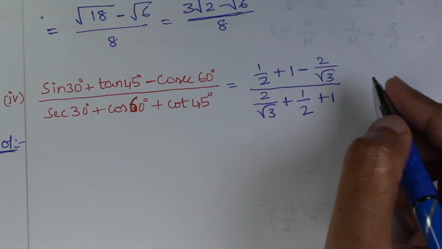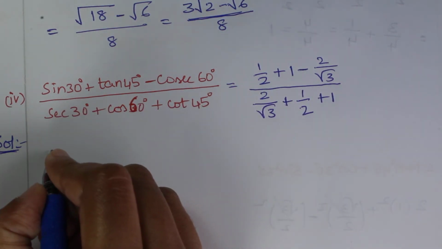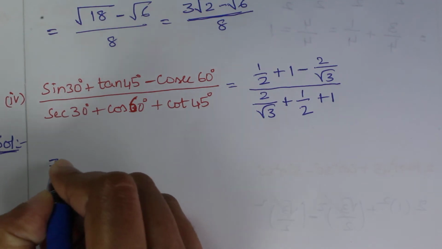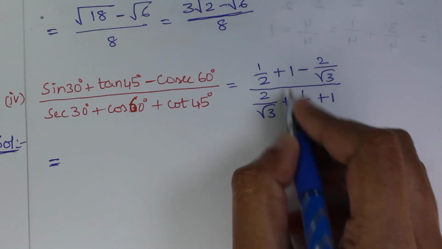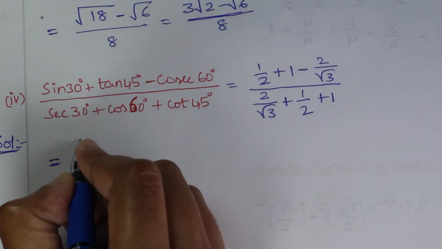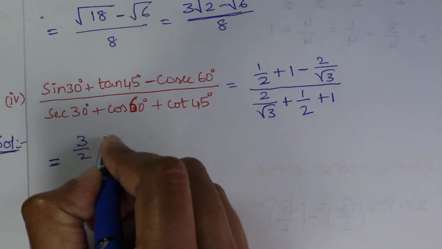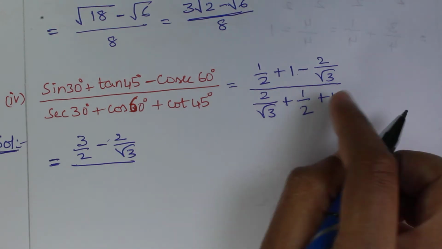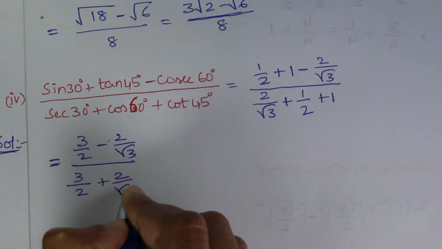Okay. Now this can be rewritten as, I'll take LCM for both the sides. It becomes 1 by 2 plus 1 is 3 by 2. 3 by 2 minus 2 by root 3 divided by 3 by 2 plus 2 by root 3.